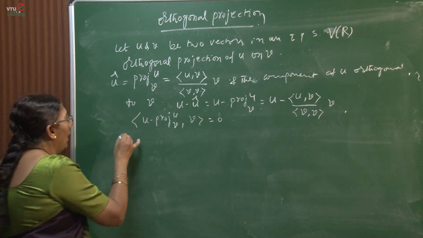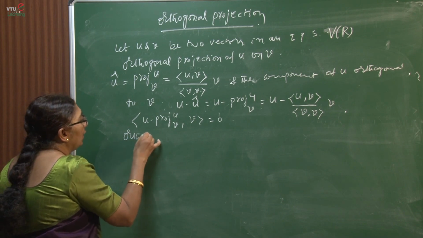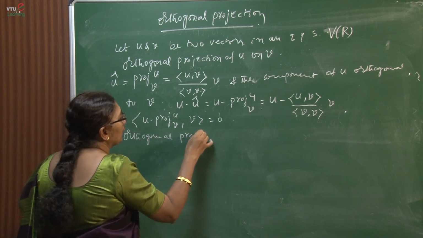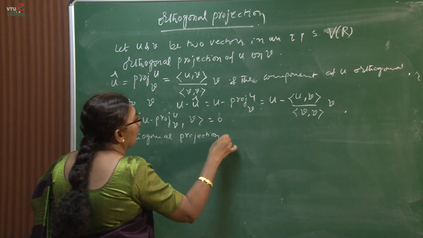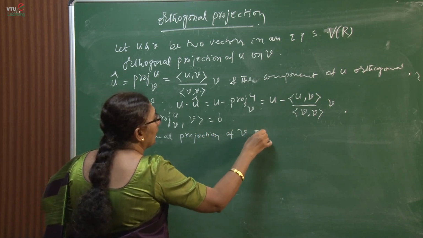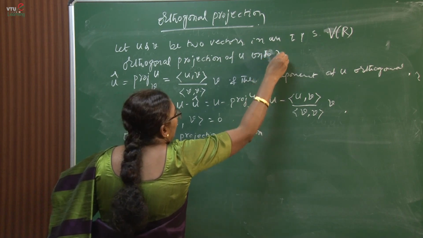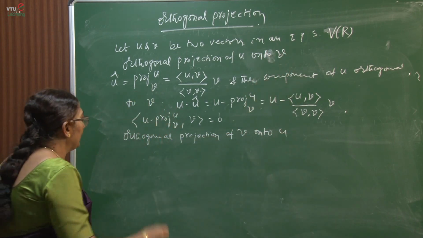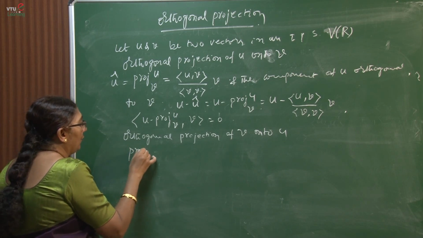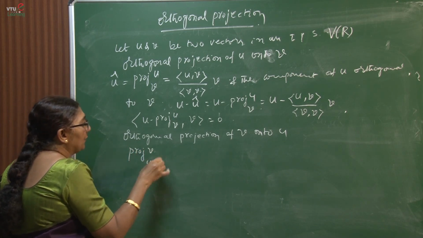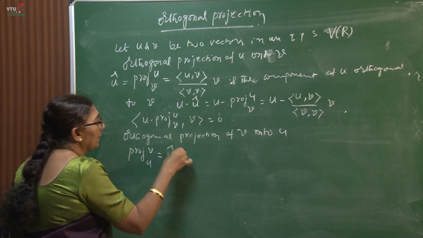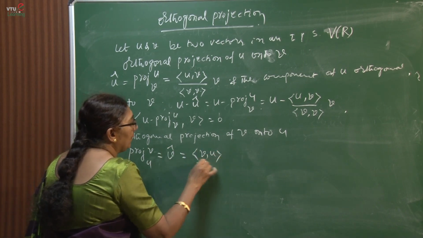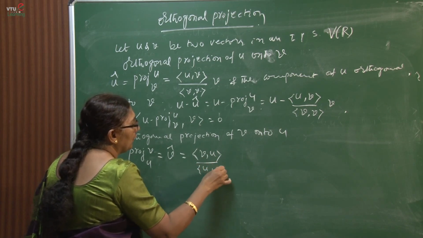Similarly, the orthogonal projection of v onto u is proj of v with respect to u, which is v cap, defined as inner product of v comma u divided by inner product of u comma u, into u.